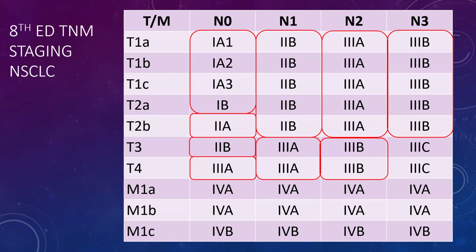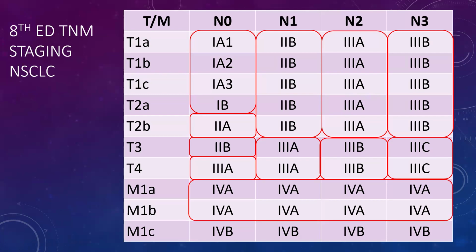Or if you have a T3 or T4 tumor, involvement of your important or critical structures with an N2 lymph node involvement midline, that will fall also under 3B. And if you have a T3 or T4 tumor involving your important or critical structures and an N3 involvement, no? Contralateral or distant lymph nodes, then those will fall under stage 3C.